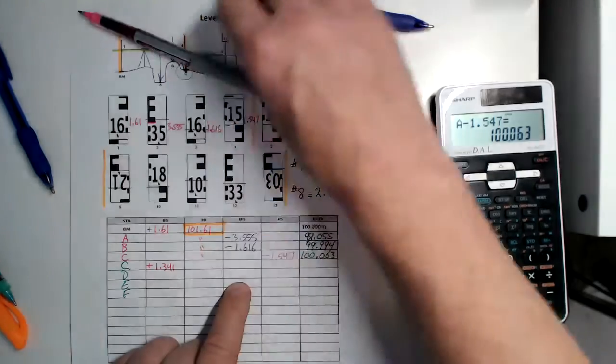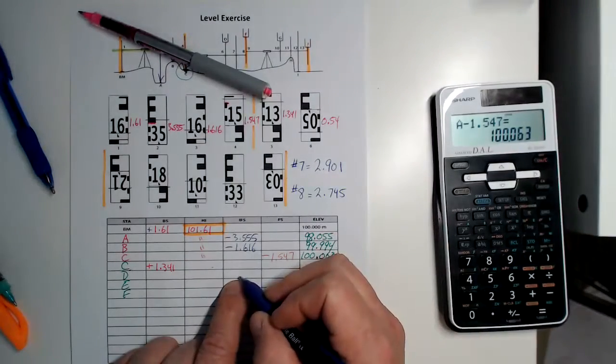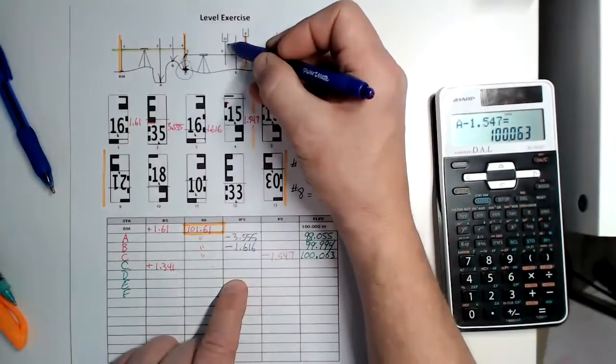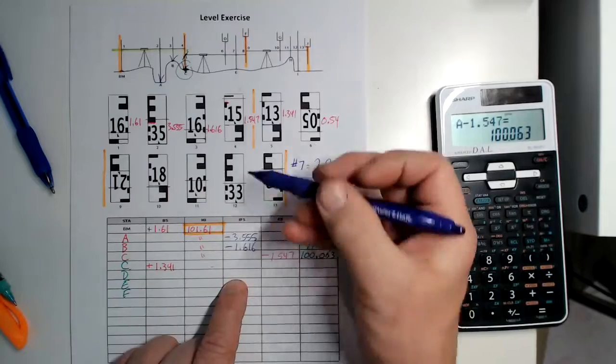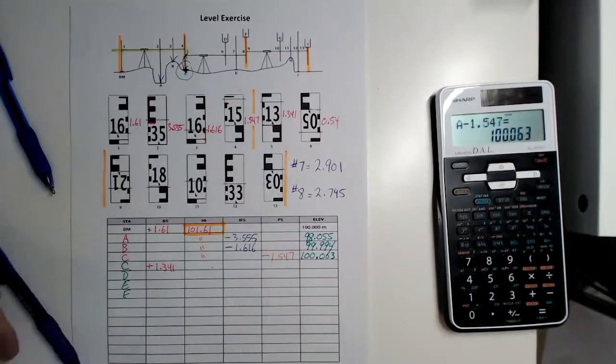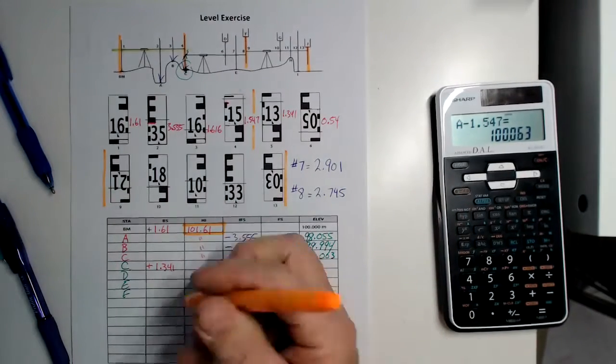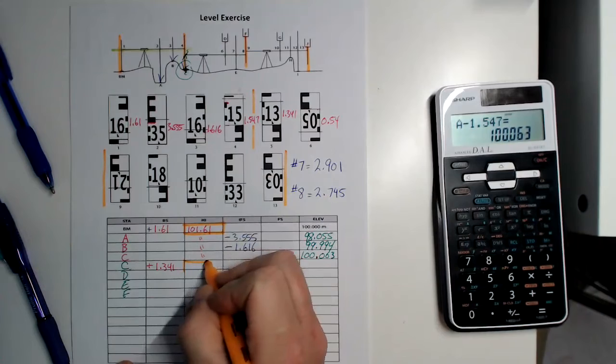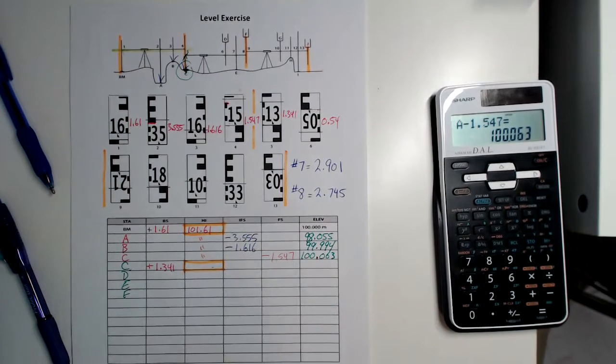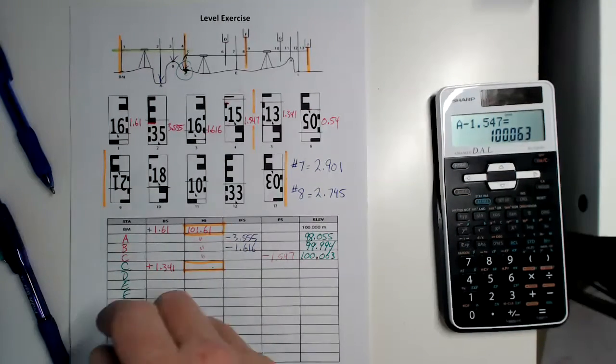So plus 1.341. Then we have 2 intermediate sites at station D and station E. So let's go ahead and move over to our intermediate Foresight column. At station D, we have reading number 6. Now, let's go ahead and calibrate our instrument height. As soon as we do our backsight reading, let's just get our instrument height written down so we know we are at instrument height.